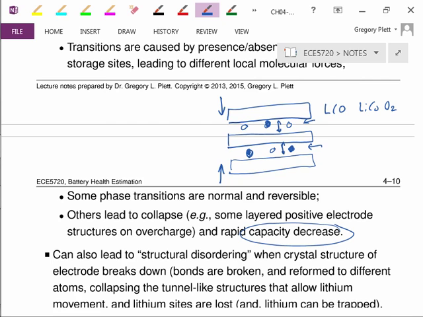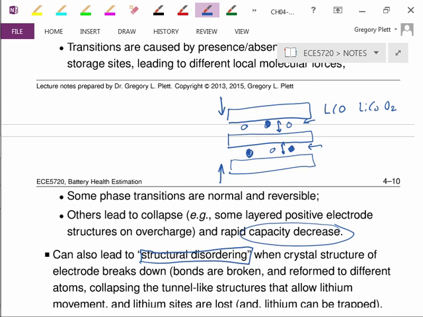Something else that can happen is known as structural disordering, and that's, we have crystal structures which we visualize ideally, but of course there are, as I mentioned, defects, and we have non-ideal structures.